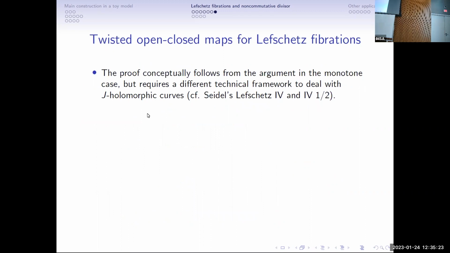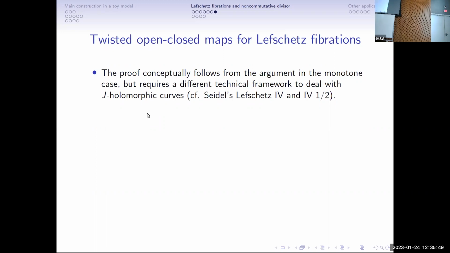So let me just comment on the proof and tell you what was new here from the technical point of view. The point is, in the monotone setting, holomorphic curves are very easy to deal with. But for Lefschetz fibrations, because of non-compactness caused by the complex plane and maybe the fiber, you need to find some other arguments to prove a priori C0 estimates.